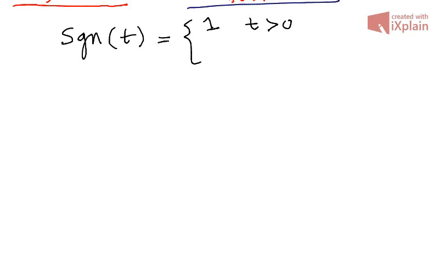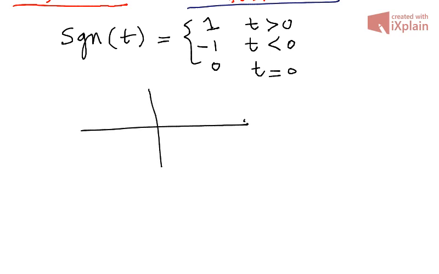Similarly, it's minus 1 when t is less than 0, and it is 0 for t equal to 0. So this is the definition of the signum function. If you want to draw it, you can draw this signum function on the time axis, and you can say, okay, my signum function is like this.